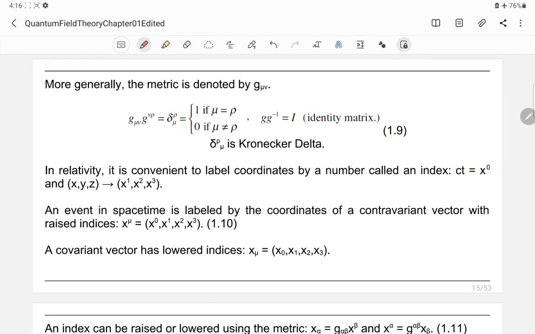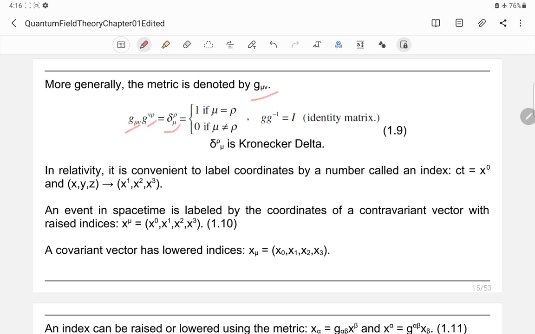In general, you don't have a flat space, and in general also, the metric is denoted by g mu nu, and it has a property that if you multiply this one to this one, this is like covariant versions of the two metric, or just the inverse.